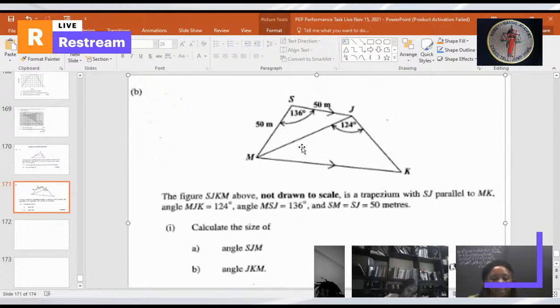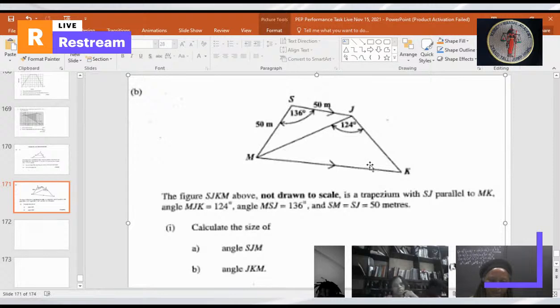So JK, here's what you're writing now. JK over the sine of 22 is equal to 93.2 over the sine of... this was what again?